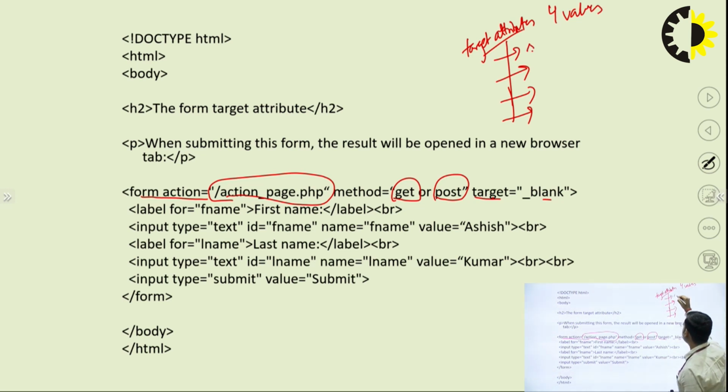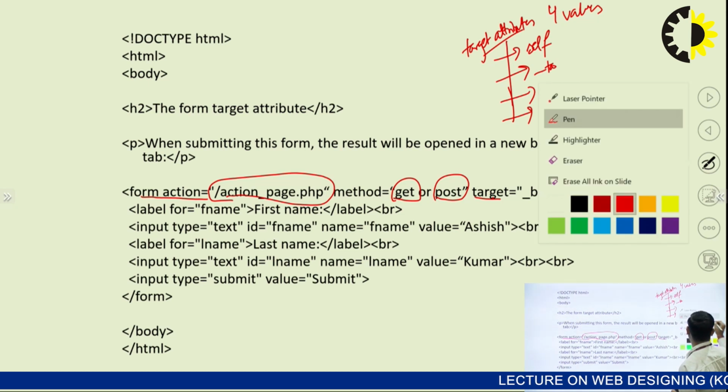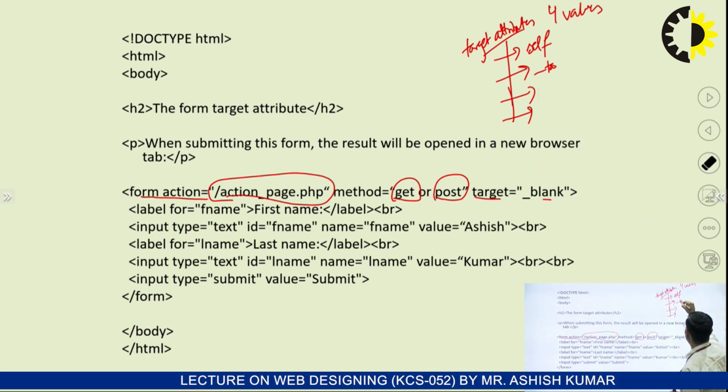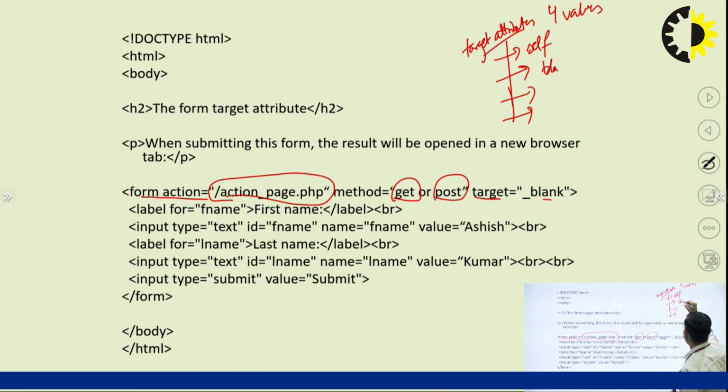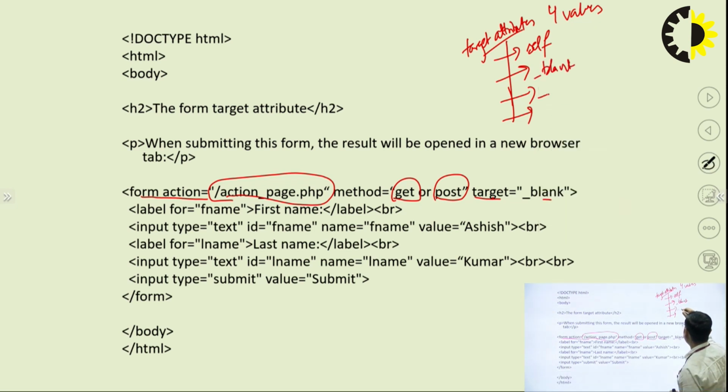First one is self, second one is blank, third one is parent, and the last one is top. So these 4 values are defined inside the target attribute.